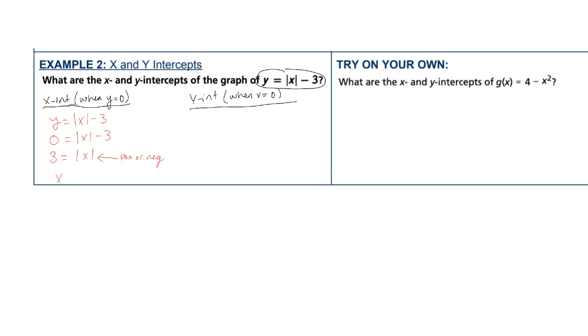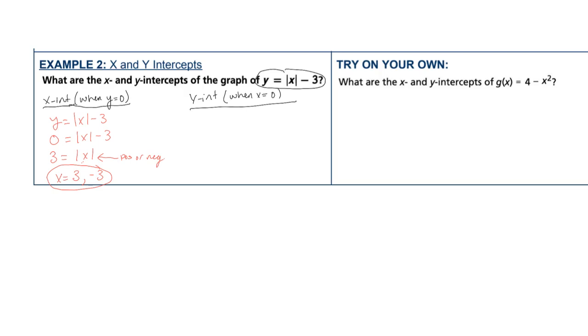Therefore, x is either equal to positive 3 or negative 3, because the absolute value of 3 is 3, and the absolute value of negative 3 is also 3. So we have two answers. That means there's two x-intercepts. That means our function is hitting our x-axis at 3 and negative 3.